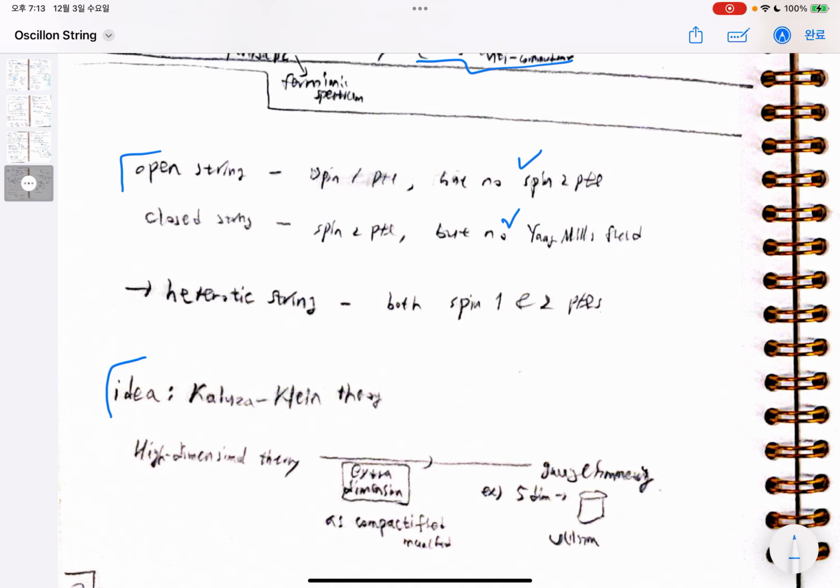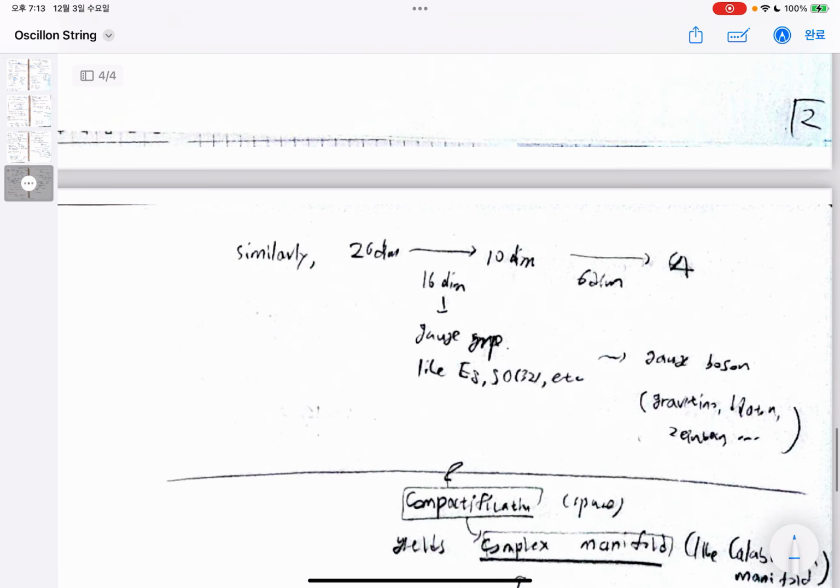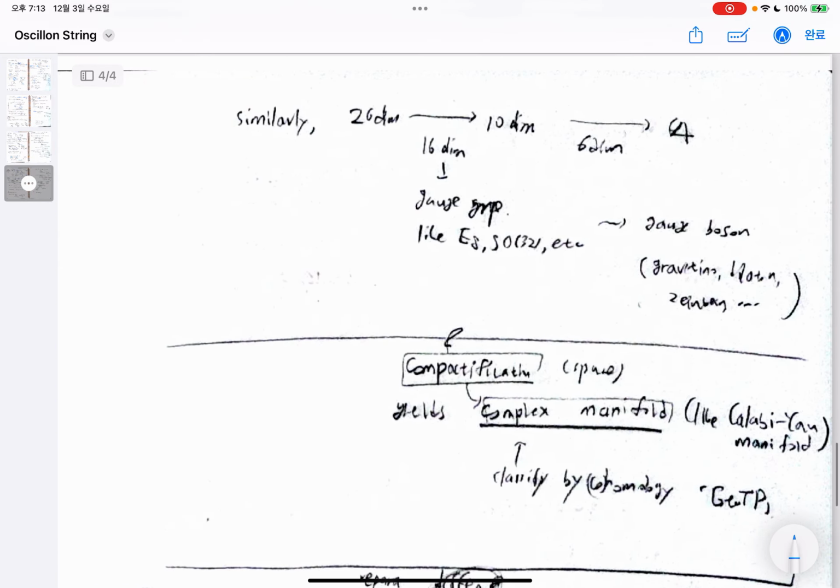For example, if the space-time has extra dimensions, and one dimension is compactified, then the U(1) gauge symmetry arises automatically. With a similar logic, the bosonic string theory has 26 dimensions, and if we compactify to 10 dimensions, then a 16-dimensional gauge group arises, like E8 times E8 or SO(32).